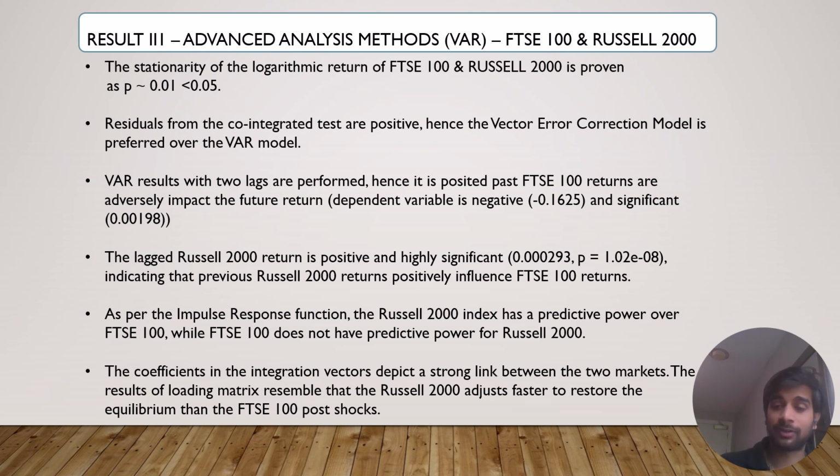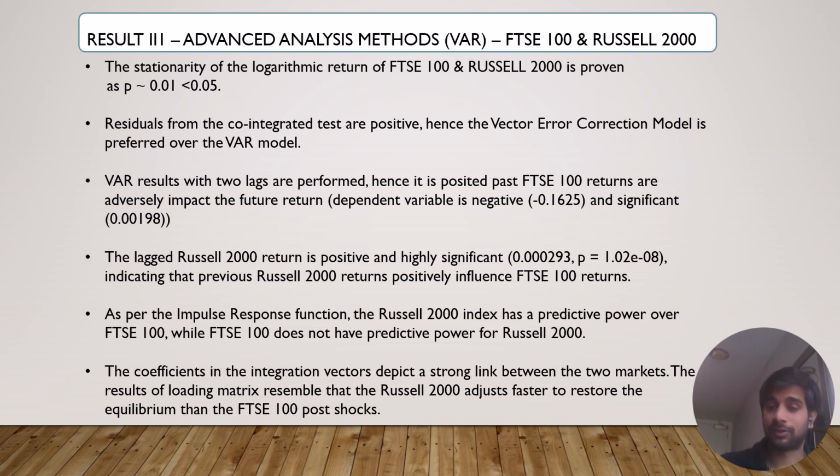And VAR results are obtained with lag 2, and it suggests that the past FTSE100 returns are adversely impacting the future returns, while the lag value of the RUSSELL2000 return is positive and highly significant, which indicates that the previous RUSSELL2000 returns are positively influencing the FTSE100 returns.